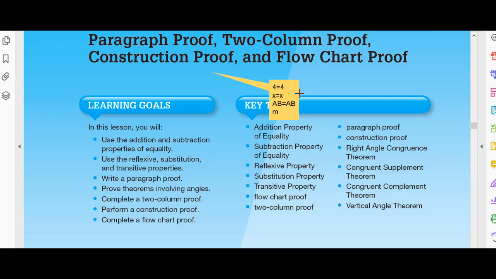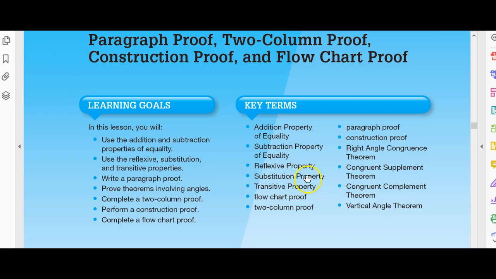So the measure of angle ABC is equal to the measure of angle ABC. Again, notice the reflexive property is really only used to state that something is equal to itself. So again, try to think about a reflection, something that you would see on both sides of the mirror saying that it's equal to itself, okay? And that's the reflexive property.